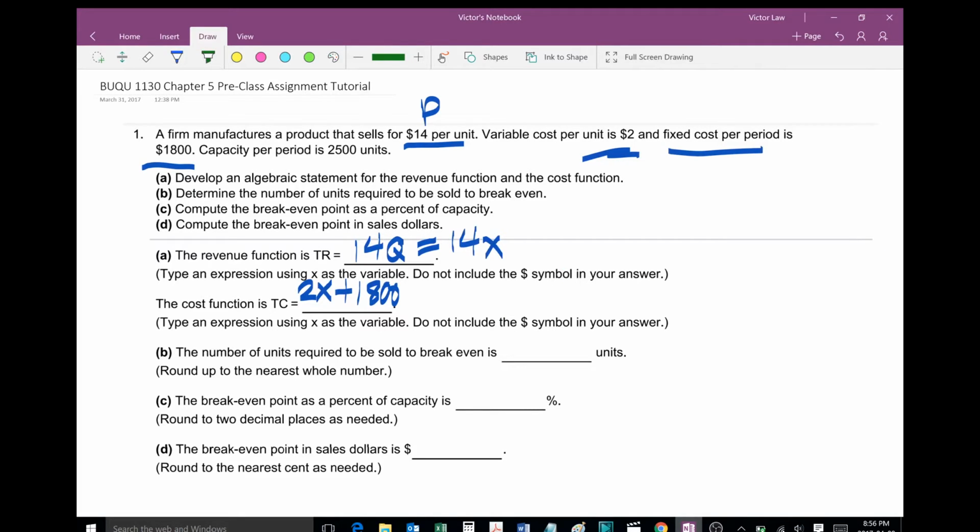So in part B, we are asked to determine the number of units required to break even. So the formula for the break-even point in units is fixed cost over contribution margin per unit.